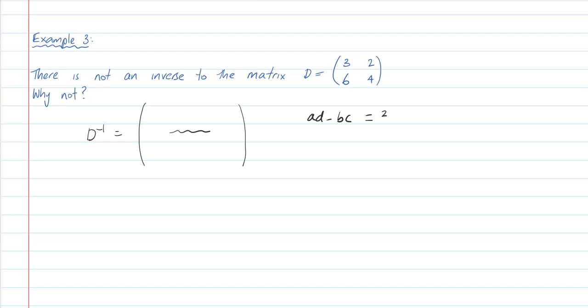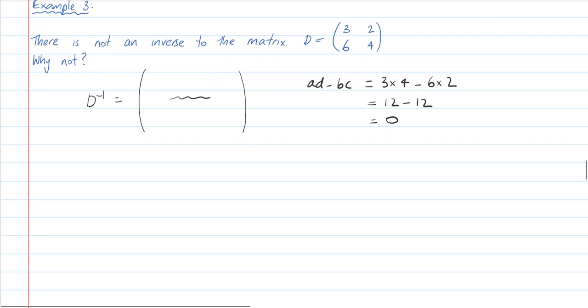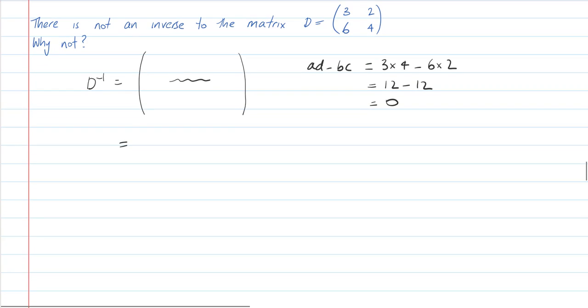In this case, that's equal to 3 times 4 minus 6 times 2, which is 12 minus 12, which is 0. And then our D inverse is going to be equal to, remember we had D over AD minus BC. So in that case, that's 4 over 0, and then we get negative 2 over 0, negative 6 over 0, and 3 over 0.